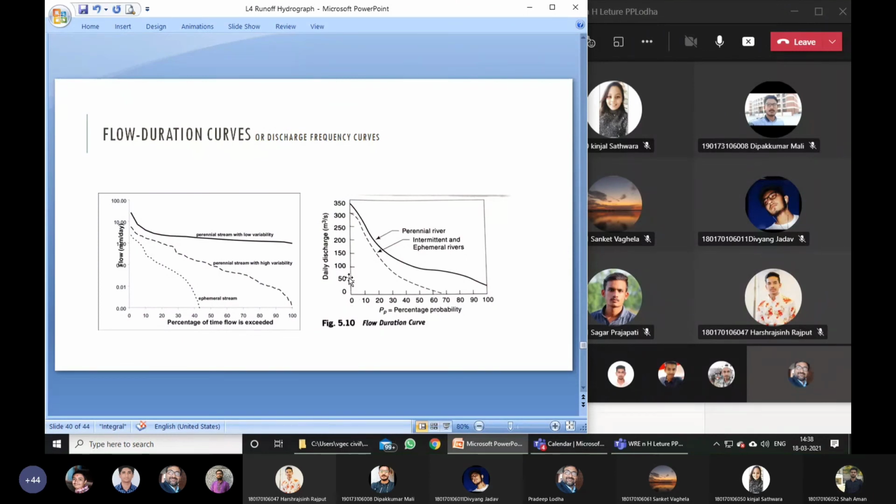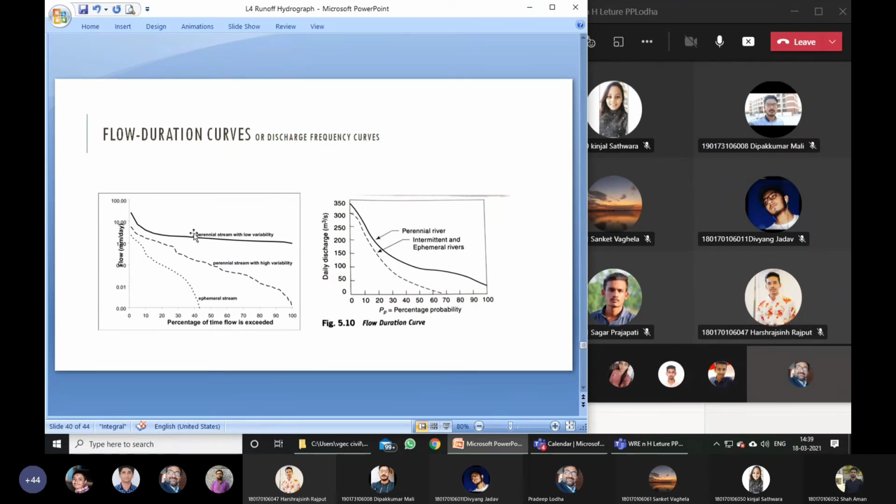Even for 50 cusecs, it is 30% probability. So rivers which don't have 100% probability of flow are not perennial, and those lesser than this are intermittent or ephemeral rivers.